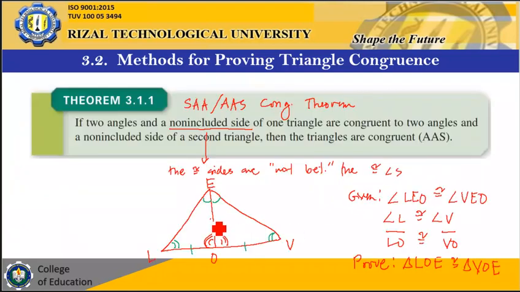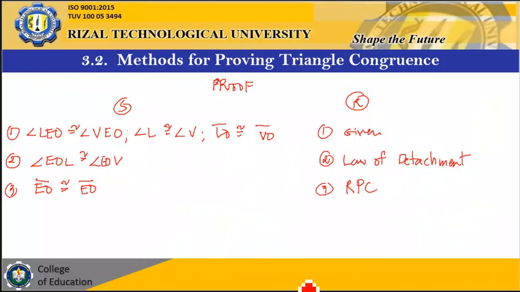So if this part is congruent to this part, we can already say that triangle LOE is congruent to triangle VOE.